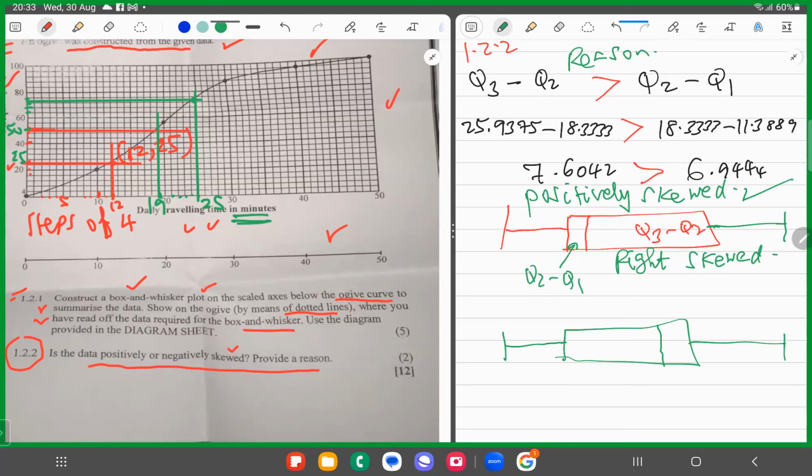Data that's like this is said to be negatively skewed. Okay, it is negatively skewed, or you use the word left skewed.